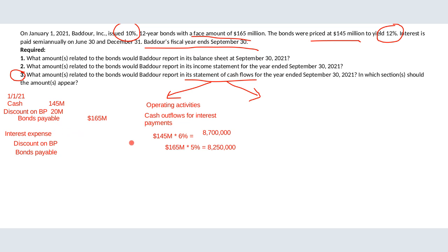Debit to interest expense for 8,700,000. We have a credit to bonds payable, 8,250,000. And then we have a credit to discount for the difference of 450.